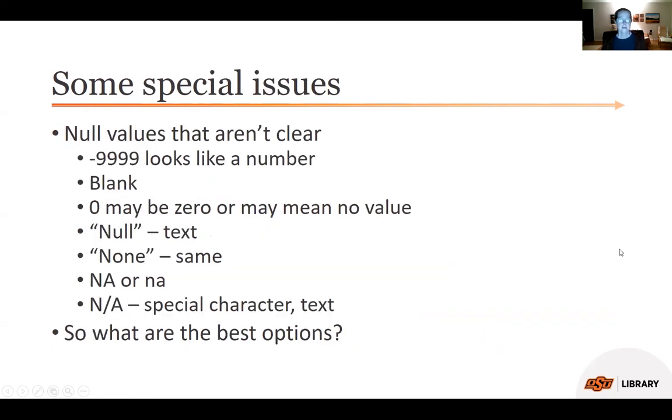Let's talk about some special issues. One thing that is very common in spreadsheets and does create a significant amount of confusion is null values that are not clear. If a cell has a -9999, that looks to a software program like a number.